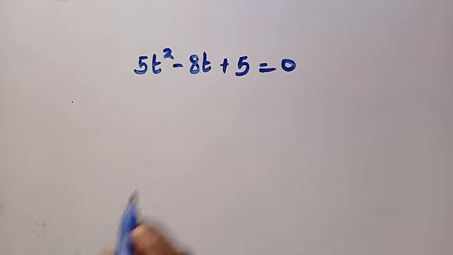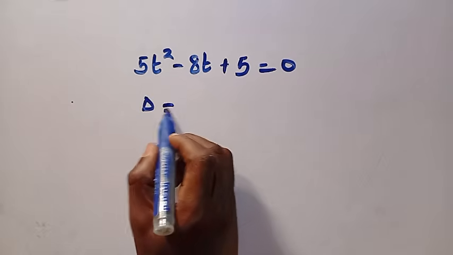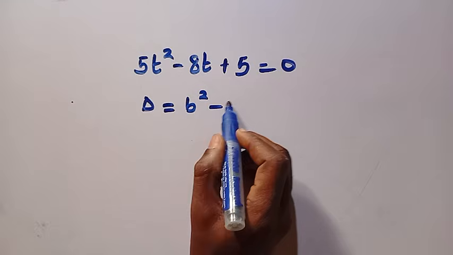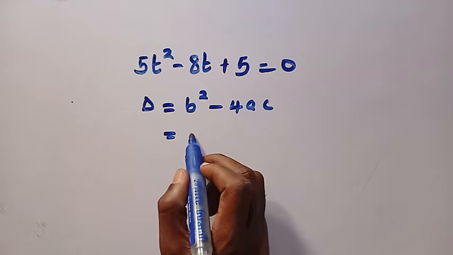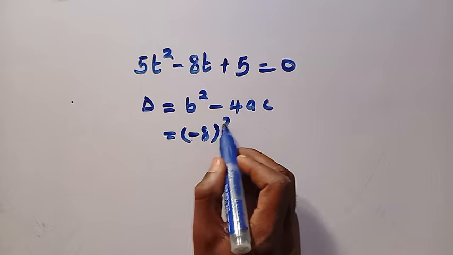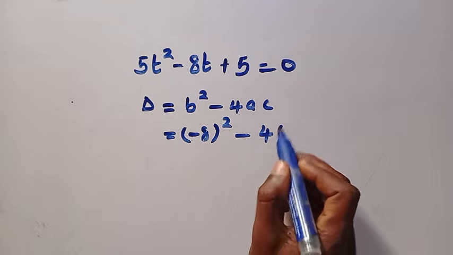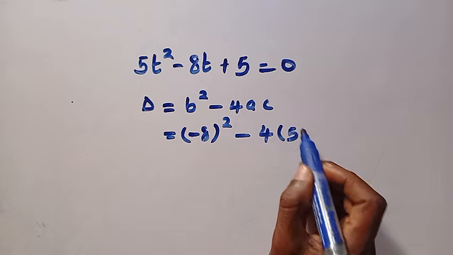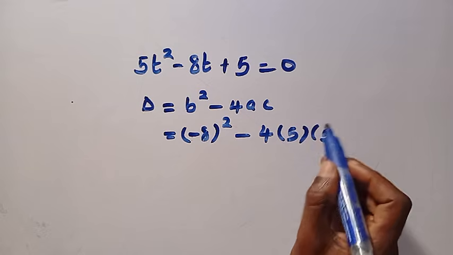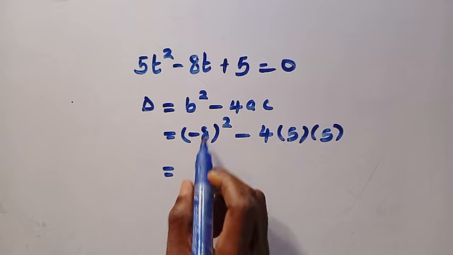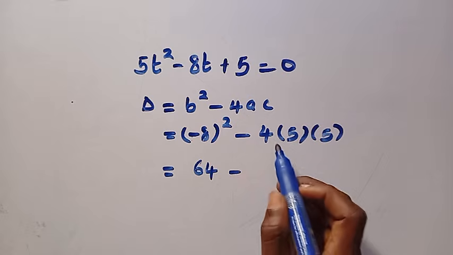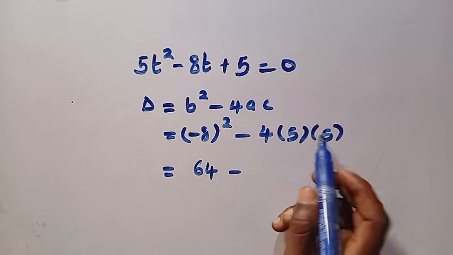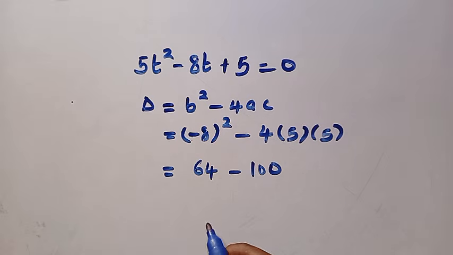To get this, let's look for the discriminant. The discriminant equals b squared minus 4ac. b is minus 8 squared, then minus 4 times, a is 5 and c also is 5. So this equals 64 minus 4 times 5 times 5, which is 100.